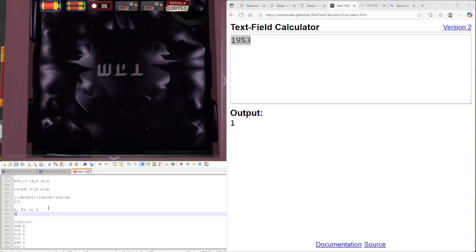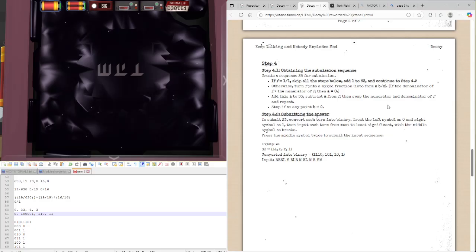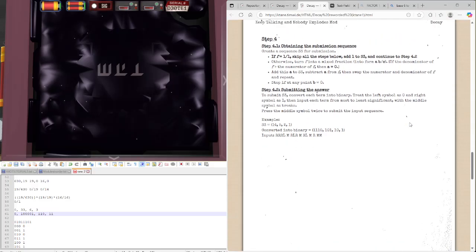So that would be 0, 1, 0, 0, 0, 0, 1, 1, 0, and then 1. It's not a tree basically at this point. But I almost guarantee I've messed up somewhere here.